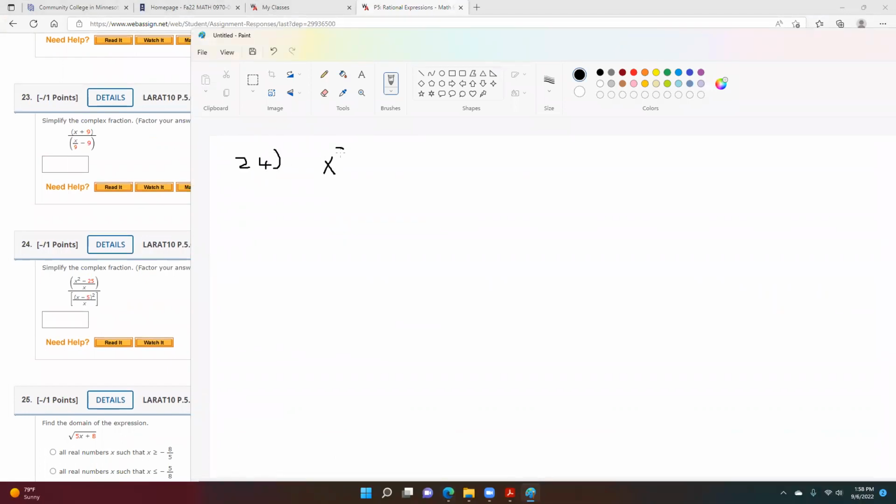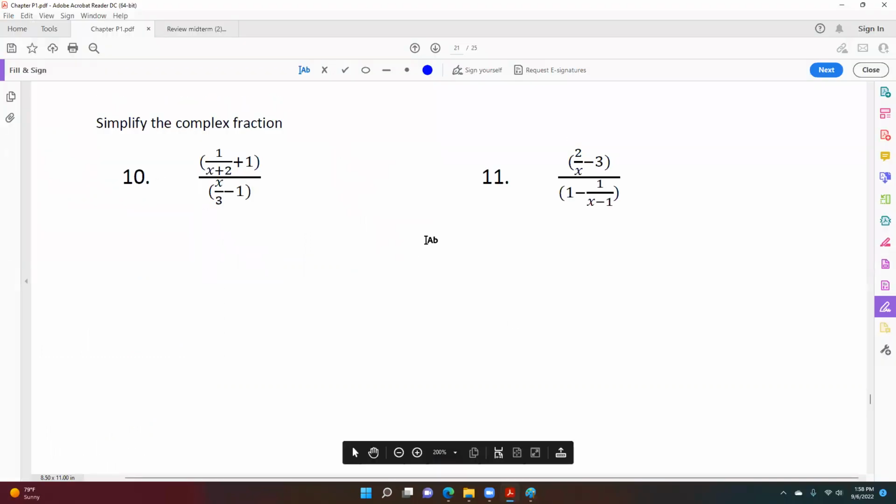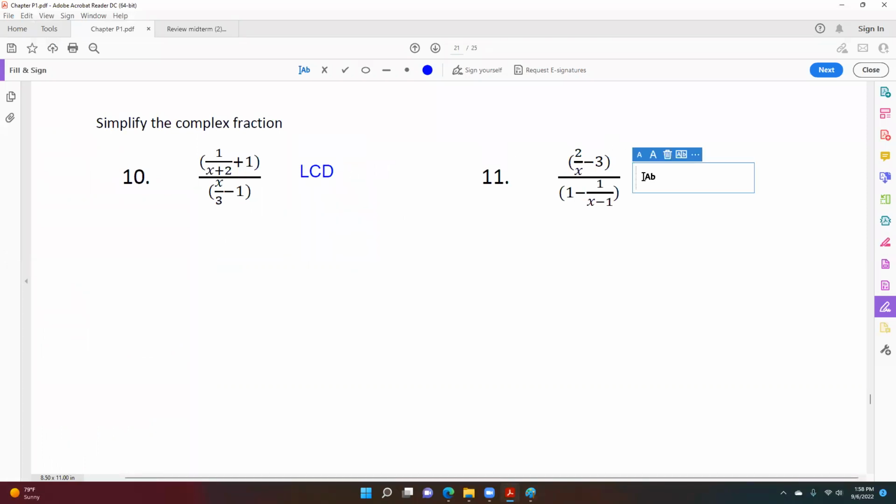We have x squared minus 25 over x, divided by x minus 5 squared over x. Now, for question 24, you do not need to find the LCD. Why this one we do not need to find the LCD, but when you do questions 10 and 11 here, you have to find the LCD?